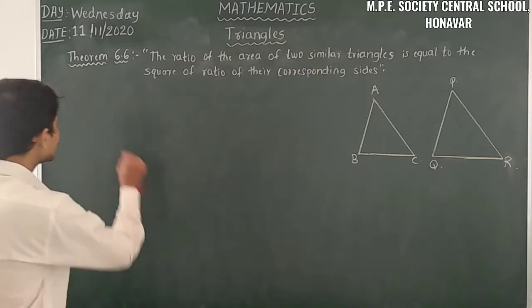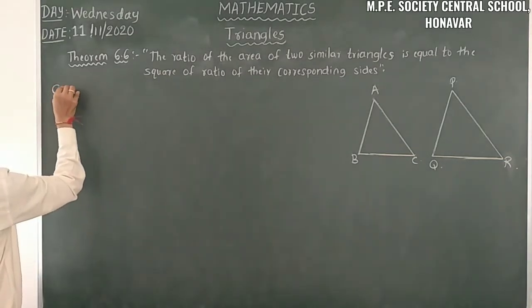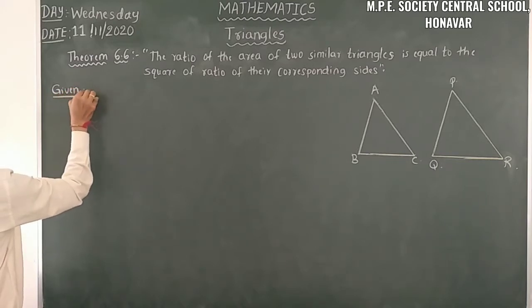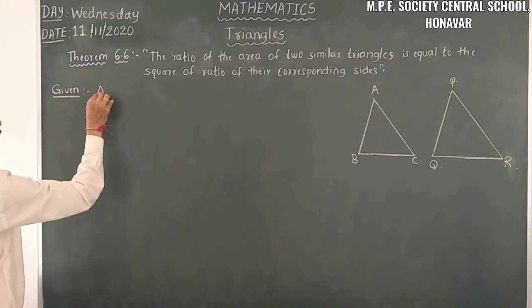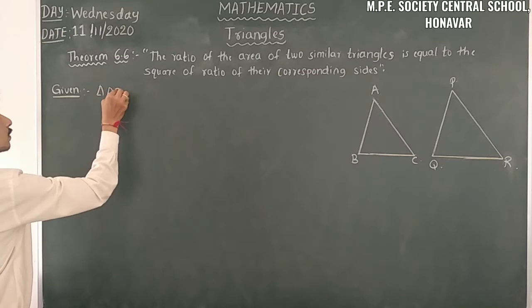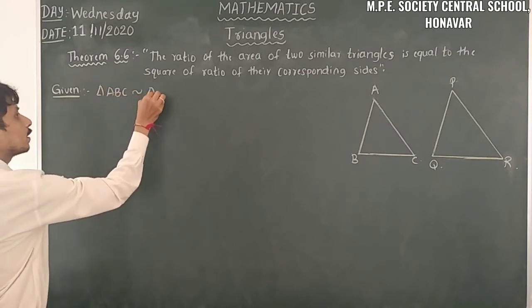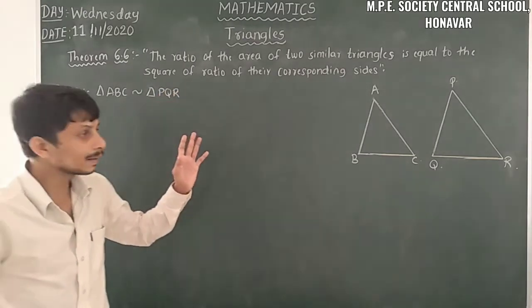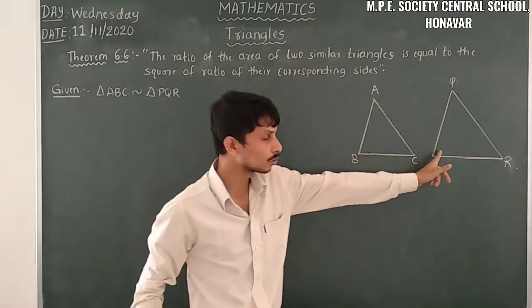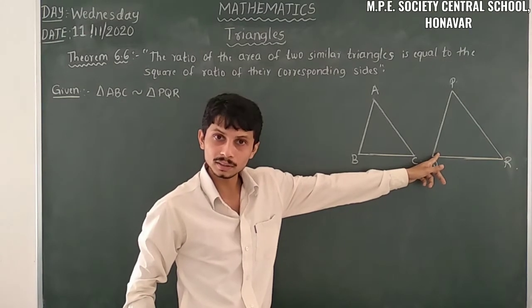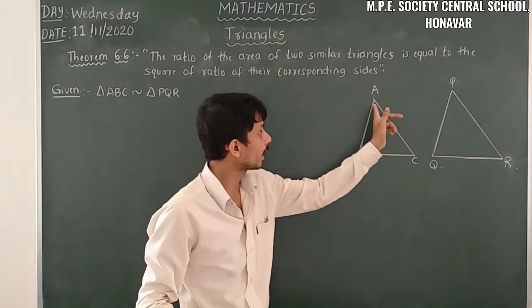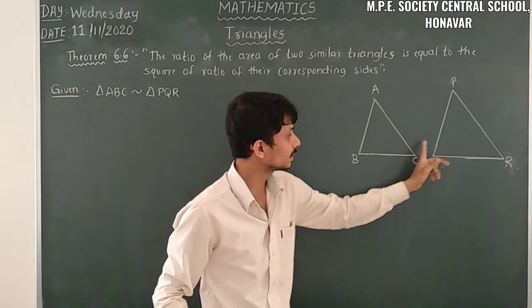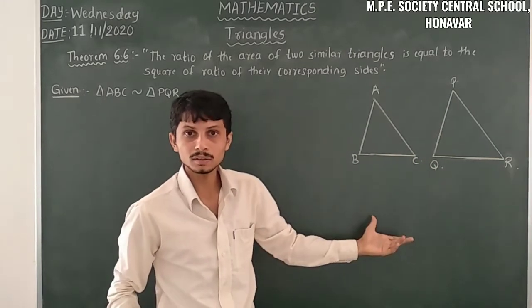Yes. So firstly we have to write given. What is the given here? Given, that is triangle ABC is similar to triangle PQR. So when we have a similarity, that means angle B is equal to angle Q. Those two are corresponding parts, and angle A is equal to angle P, angle C is equal to angle R, corresponding parts.